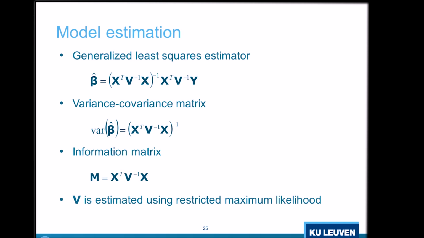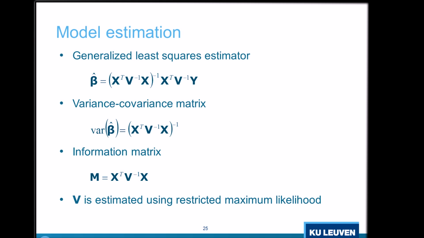And you can see that the estimator takes into account the V matrix, so it takes into account the correlation structure. The variance-covariance matrix of the generalized least squares estimator is shown in the middle of the slide, and the inverse of the variance-covariance matrix, called the information matrix, is shown next. And I denote that information matrix by M here on this slide.